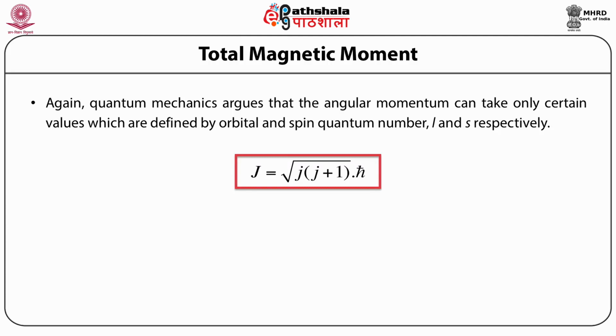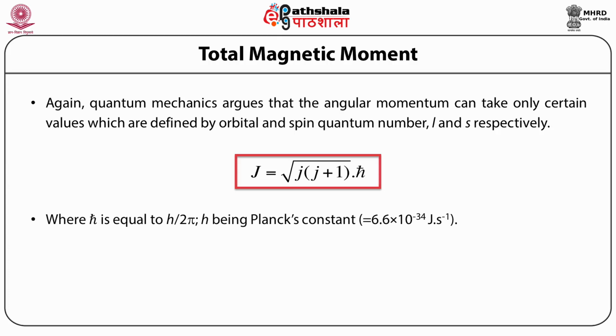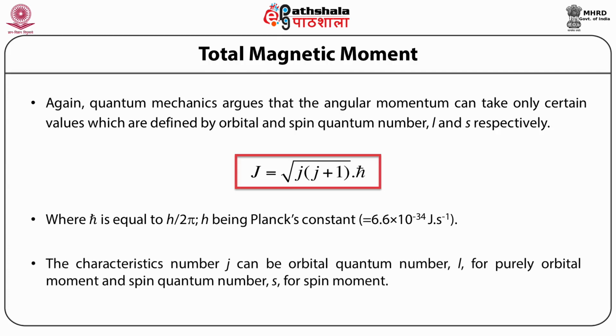This whole is multiplied by h bar, where h bar is equal to h by 2 pi and h is the Planck's constant. The characteristic number j can be the orbital quantum number L for purely orbital moment and S is the spin quantum number for spin moment.